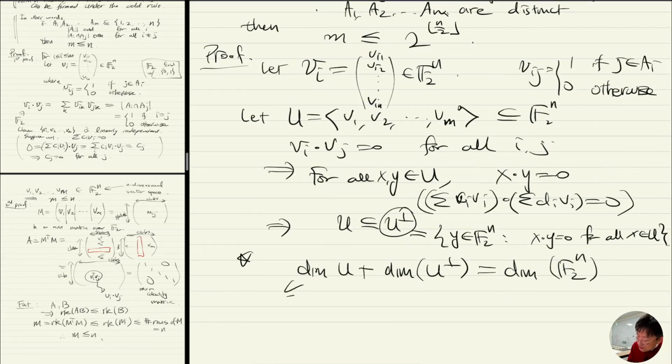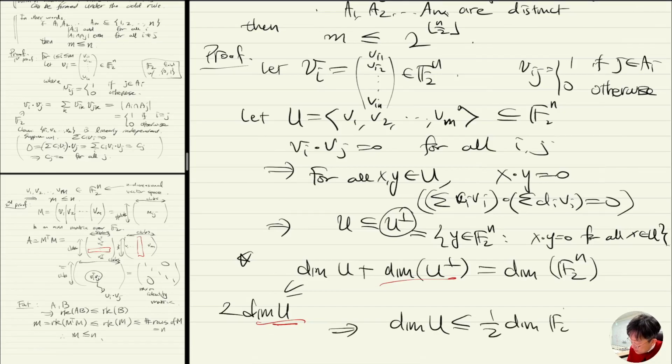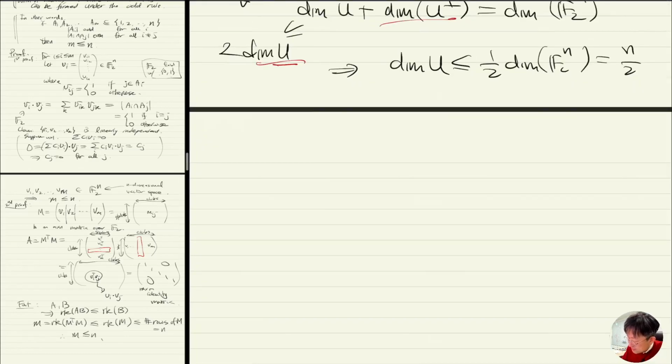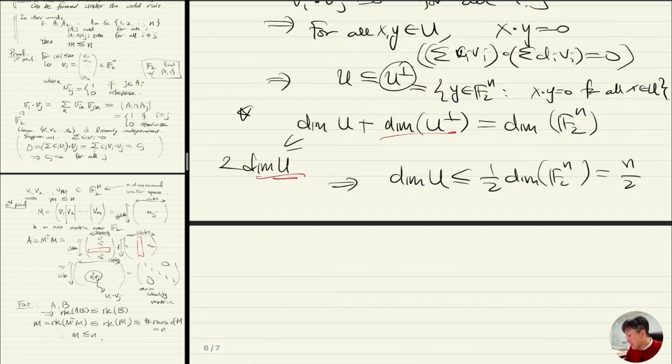So twice the dimension of U is a lower bound, because U is contained in here, right? So the dimension of U is less than or equal to half of the dimension of F2 to the n, which is half of n. That means the dimension of U is less than or equal to floor of n over 2.